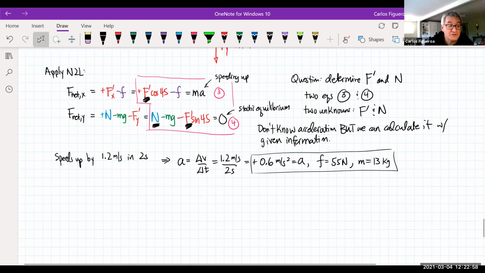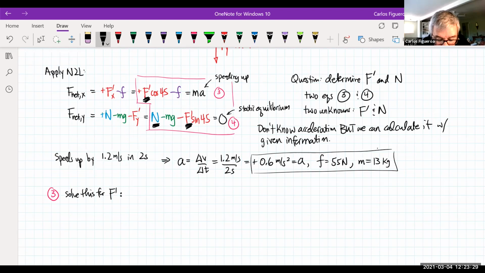So how am I going to do this? I can't solve equation 4 because I don't know F prime and the normal, but equation 3 allows me to solve for F prime. So I'm going to start with equation 3 and solve for F prime.